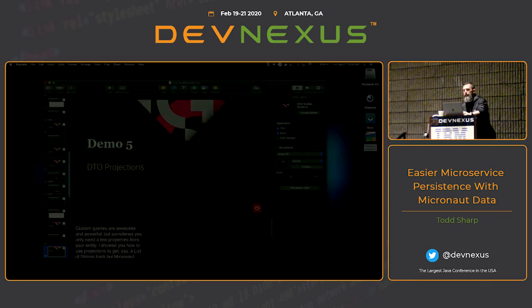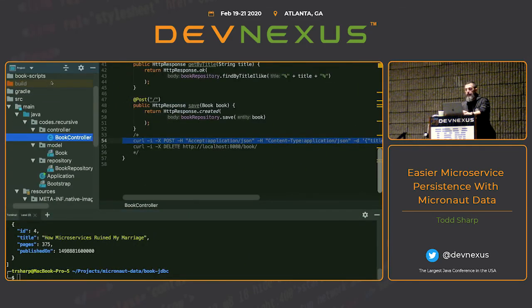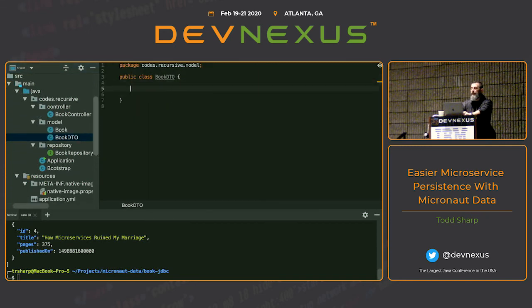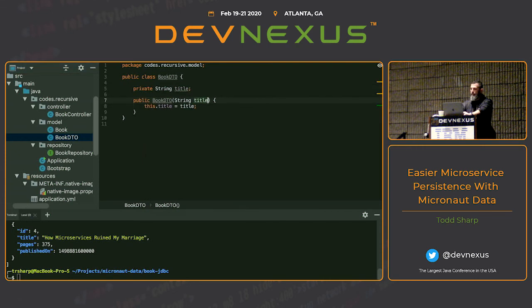The other thing you can do that's really cool is DTO projections. If you have these huge objects, sometimes you don't want every single property coming back with your entity. You might just want a single property. In that case, we can construct a DTO, which is basically just a POJO.